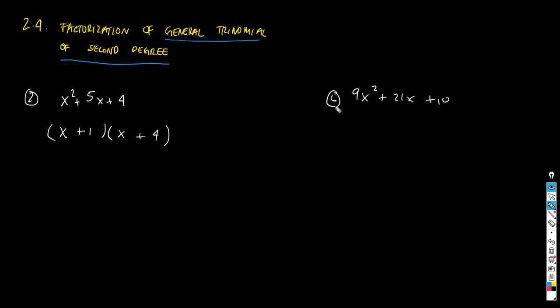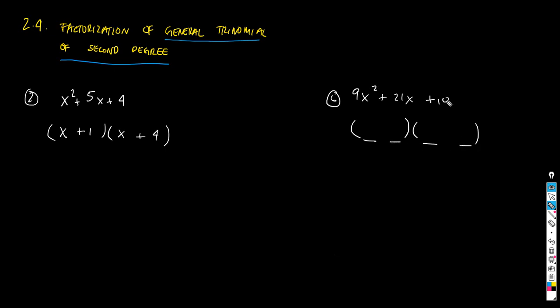This is example number 6 from the workbook. 9x squared plus 21x plus 10. So once again, we open up parentheses, two of them, and I need to insert a binomial here and a binomial here by pure guessing. This number times this number should give me this.